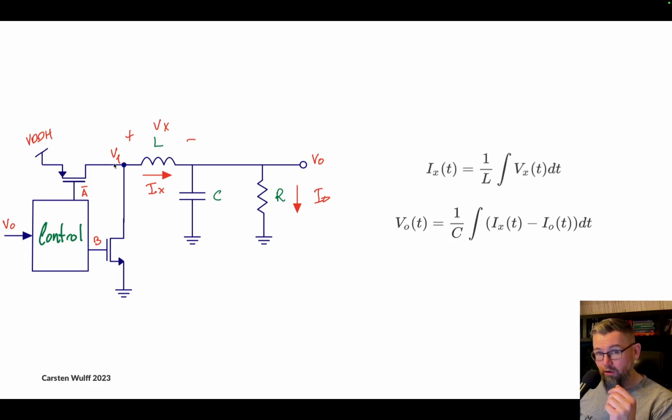Actually, it depends on the V1 and the output voltage, VO. Now, the output voltage also depends on an integral, the integral of the current through the inductor into the capacitor minus the load current. So this is a non-linear, time-dependent differential equation. I have no idea how to solve this closed form.